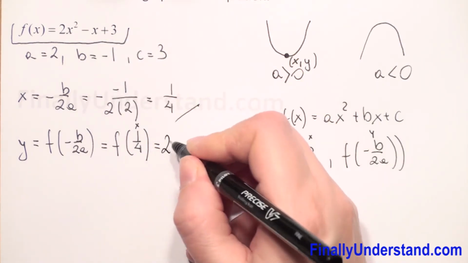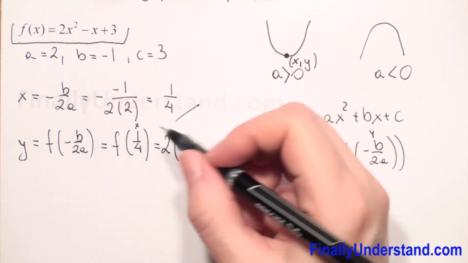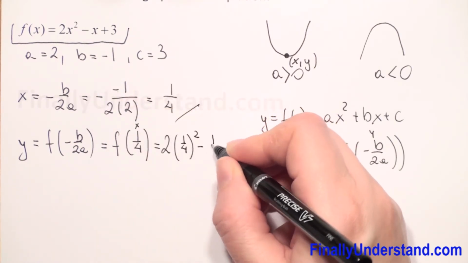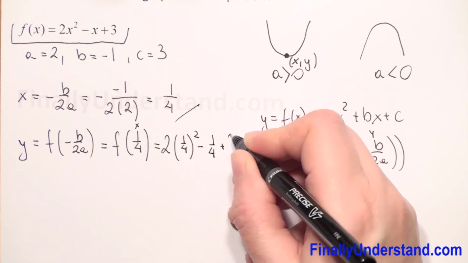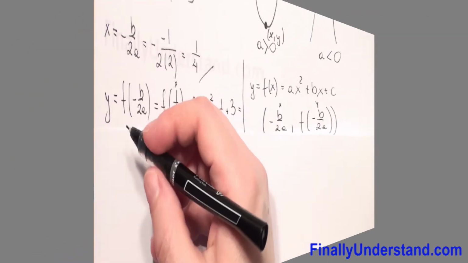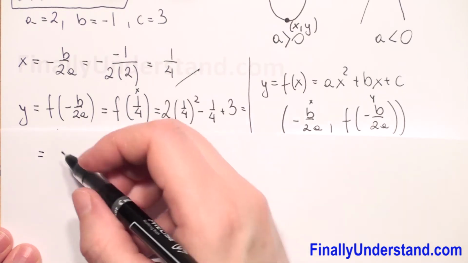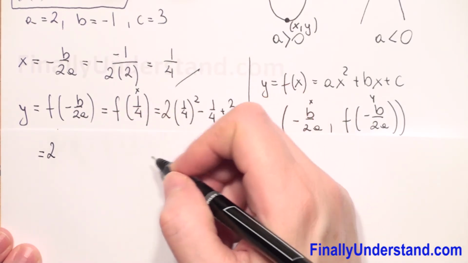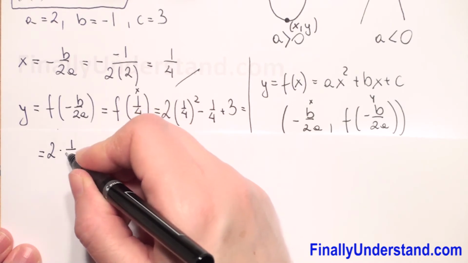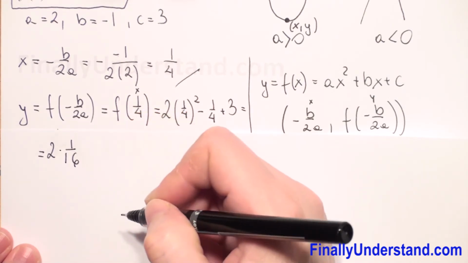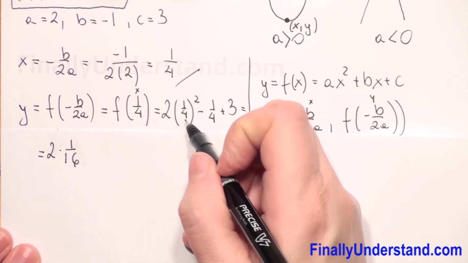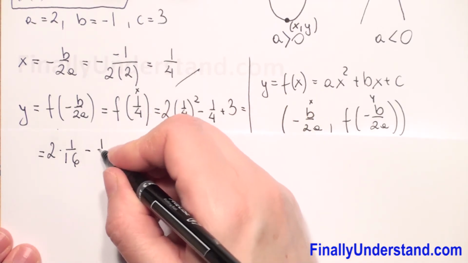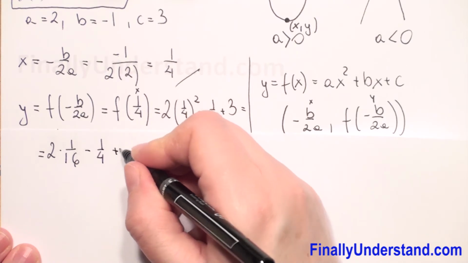So we copy 2 times x squared, so it will be 1 over 4 to the second power, minus 1 over 4, plus 3. So this is equal. First we have to do the power, so 2 we copy. 1 over 4 to the second power is 1 over 16, minus 1 over 4, plus 3.